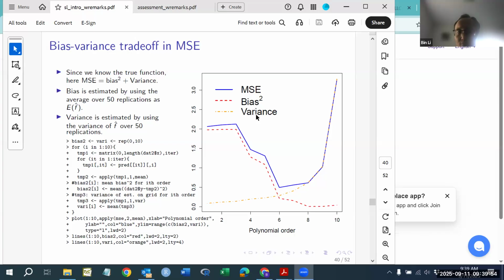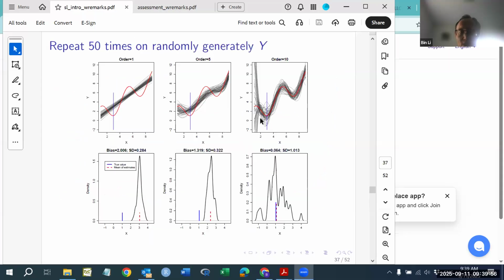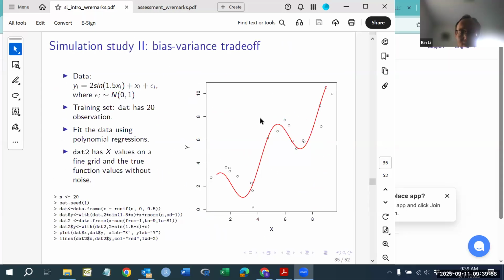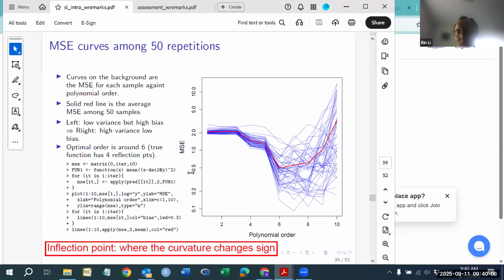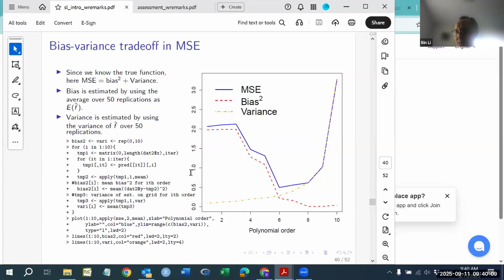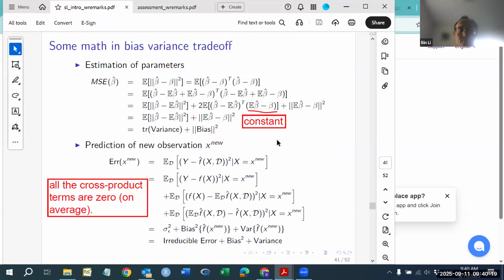Why didn't I have the irreducible error here? Because in this special example, the test set is without error. That's why the MSE equals the bias squared plus the variance. For the test set, I didn't put in the additive noise. So that's the two simulations.